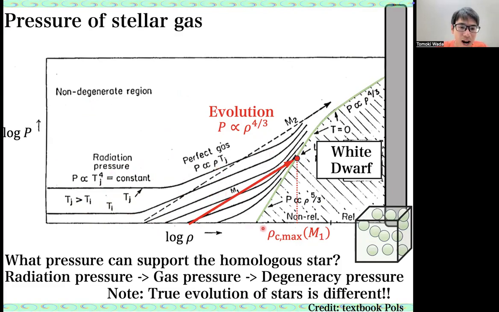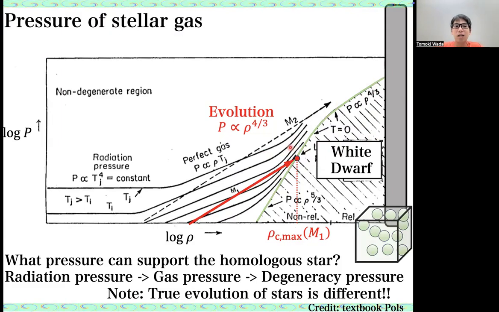And in the higher density region, on this green line, degeneracy pressure of electrons is important. And this shaded region is prohibited by the Pauli exclusion principle. You cannot contract this gas sphere beyond these lines. You cannot enter these regions.